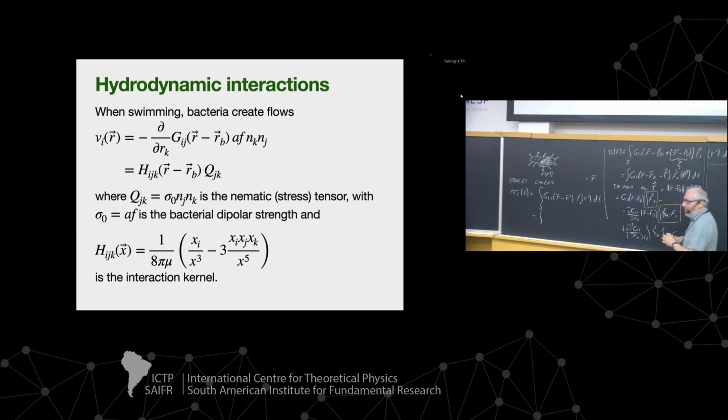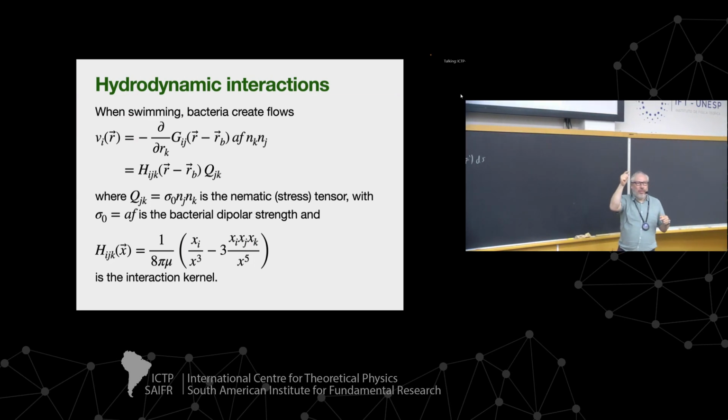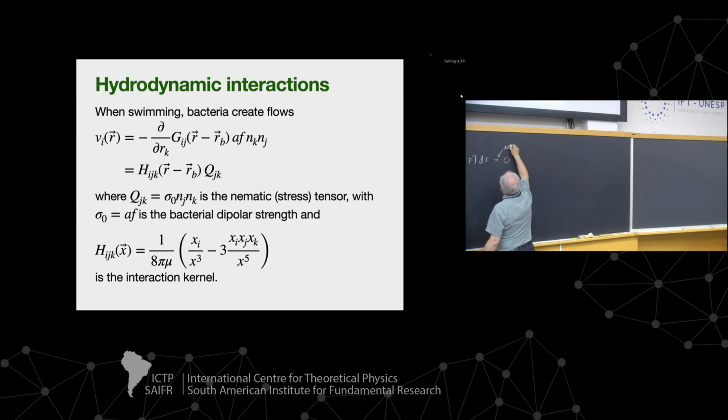I'm going to stay there. So first, the integral of F_j. This is the total force exerted by the bacterium, because you are summing the force exerted by the bacterium at each point and you integrate over the whole surface. And this is 0 if there are no external forces.